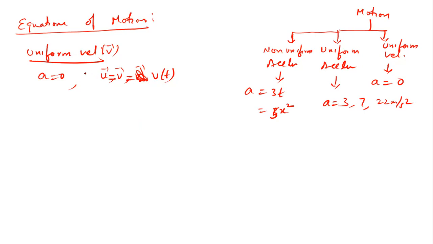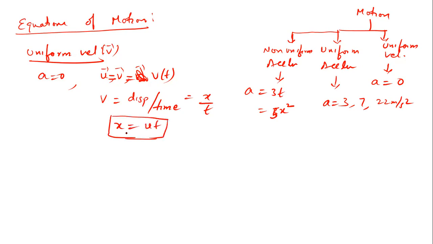There is no point in discussing these three things separately. As a result, there's only one equation. How do you find velocity? The simplest answer is velocity is equal to displacement divided by time taken, nothing else. I can now write this as x by t, or x equal to ut.